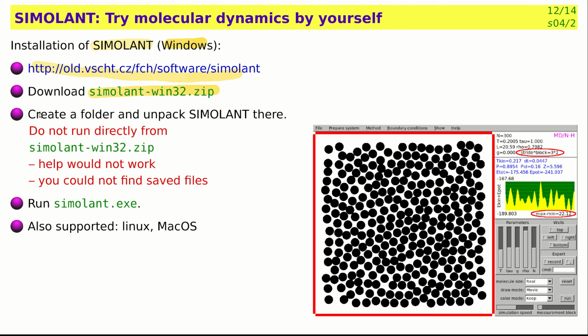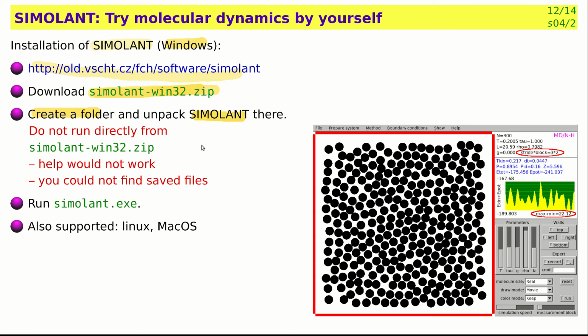But you should create a folder and unpack this into a folder, because if you run this just from the web, the Windows system would create a temporary directory and you would have problems finding files that are written there. So first create a folder and then unpack Simulant there.